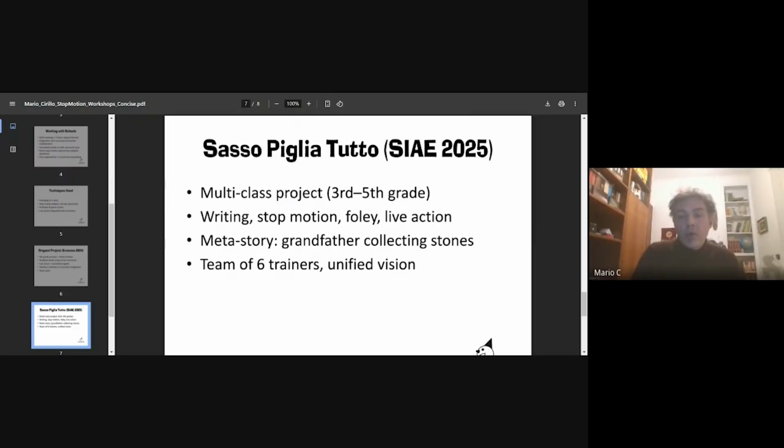One that was the most voted was the story of a grandfather, the grandfather of a girl, that used to collect stones. So he loved to find stones and to collect them because of their shape, of their color, and he also gave some specific meaning to these stones. So starting from this story, we used it as a sort of a meta story that allowed us to put all the other stories coming from the stones.